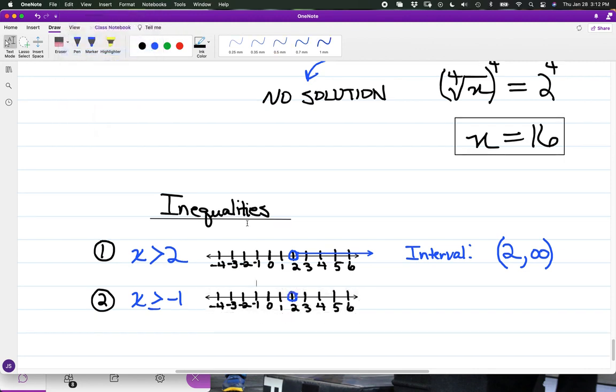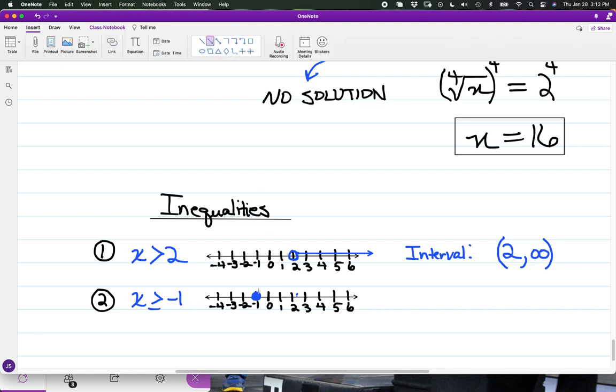Representing x is greater than or equal to -1, the equal sign indicates that -1 is included. So we have a closed point on -1, and the rest of the values of x will be greater than that. Again, you'll have a ray going out to the right.